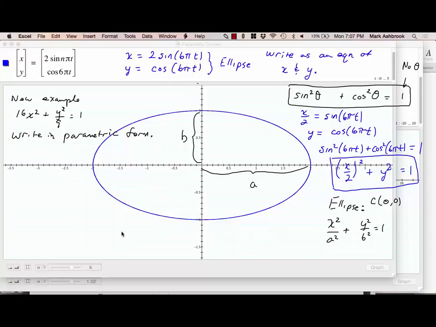So you've got to get sine and cosine. Don't worry about theta. You've got to think about sine and cosine. You've got to get sine and cosine into this so that it matches this. How are you going to get sine and cosine involved so that it is consistent with this?